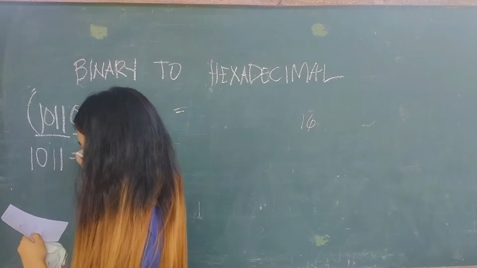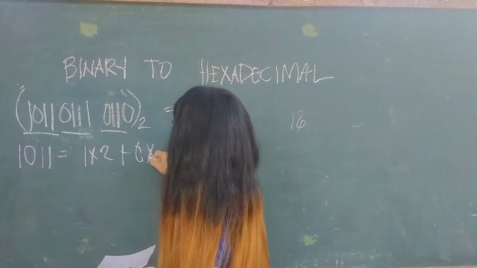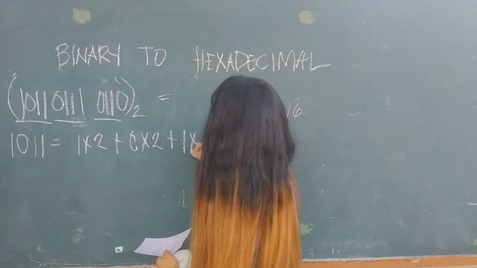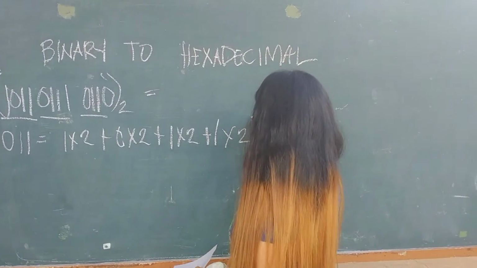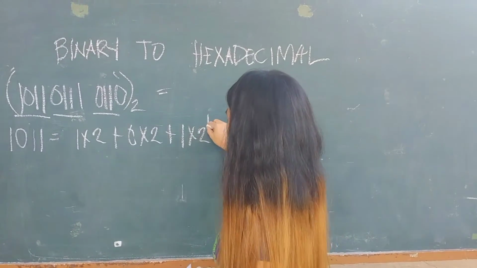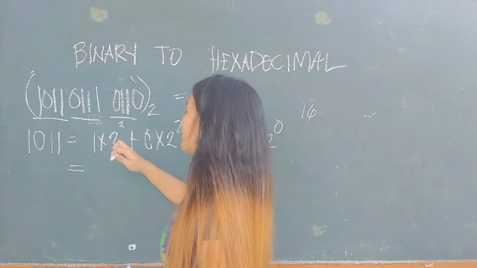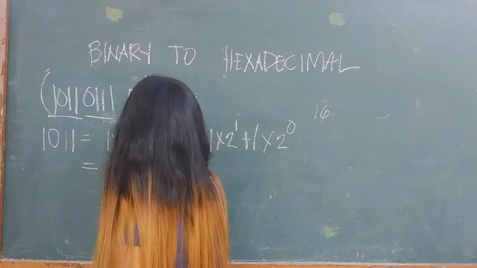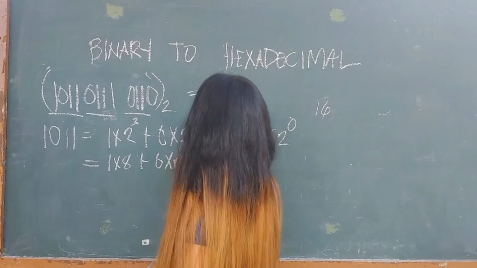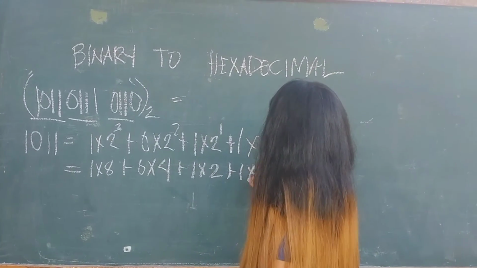1011 is equal to 1 times 2 plus 0 times 2 plus 1 times 2 plus 1 times 2 raised to the power of 0, 1, 2, 3. So, 2 raised to the power of 3 is equal to 8. 1 times 8 plus 0 times 4 plus 1 times 2 plus 1 times 1.